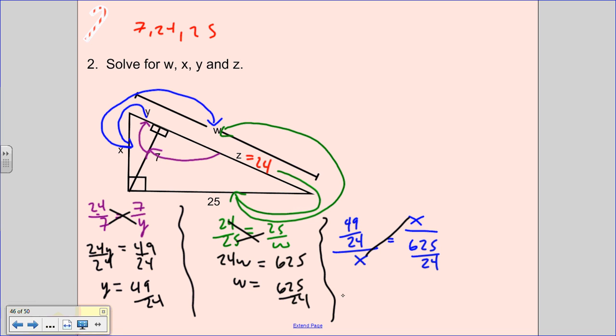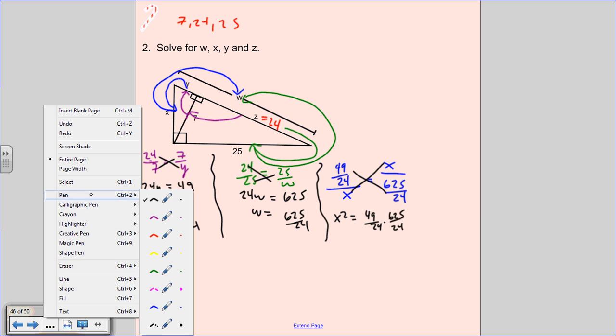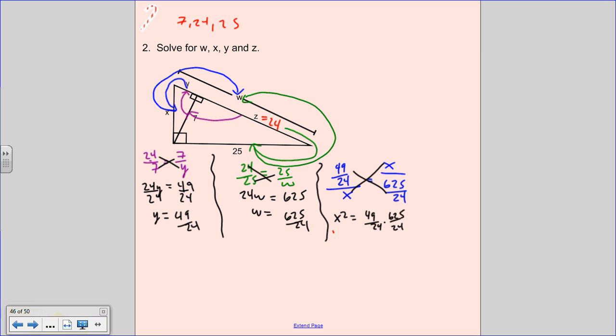So x is to x, so that's x squared is equal to the product of both of these. So I'm going to say 49 24ths times 625 24ths. And then I have to take the square root of both sides to get a singular x.